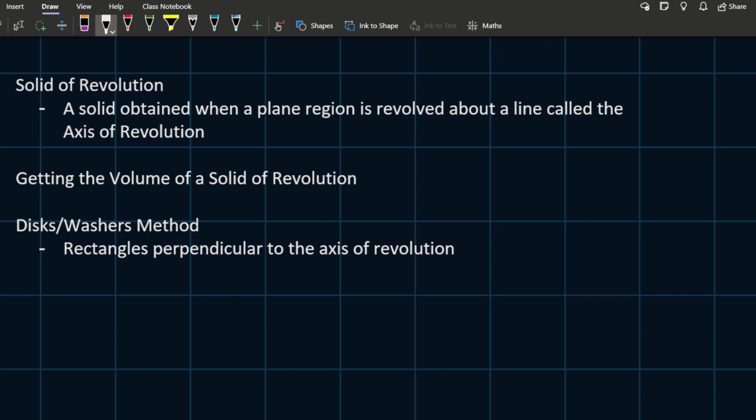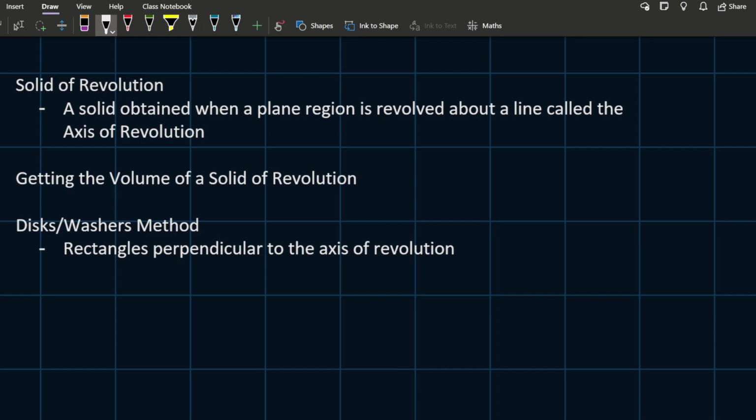Gagamit tayo ng rectangular strips. It can either be vertically oriented or horizontally oriented. Okay? For disks or washers method, yung mga rectangular strips na kinoconsider natin ay perpendicular to the axis of revolution.